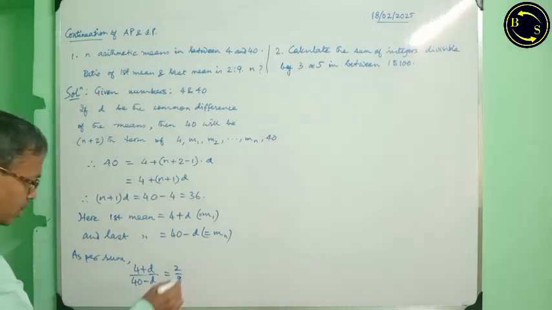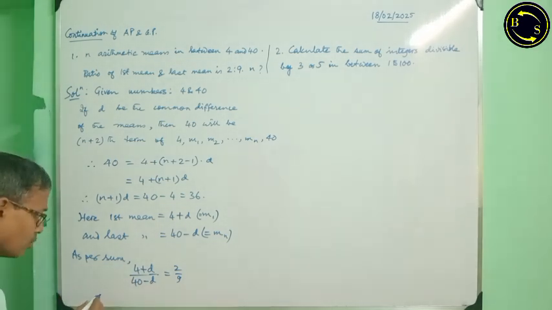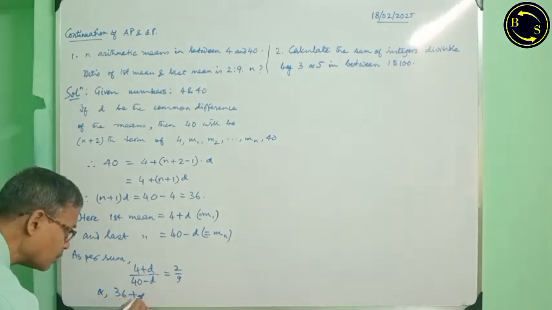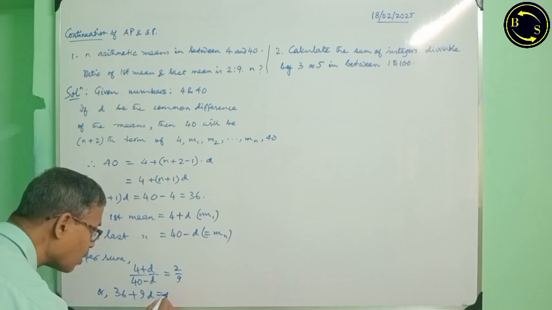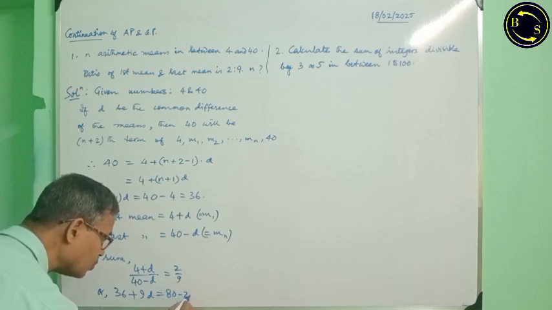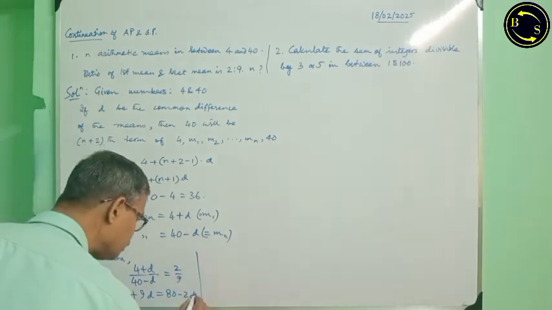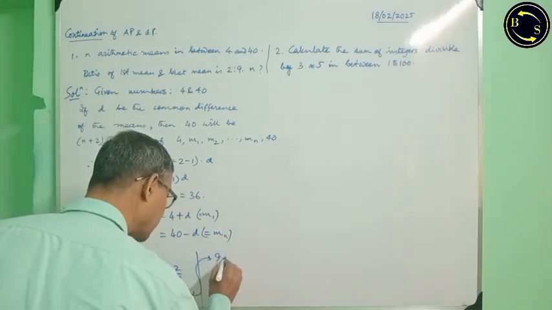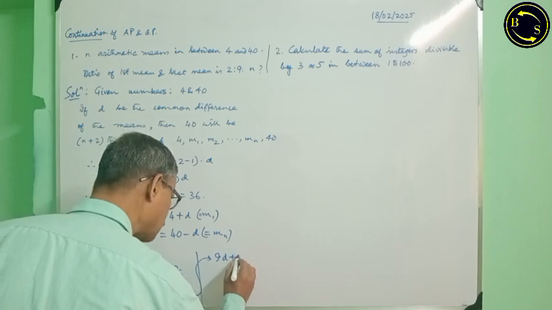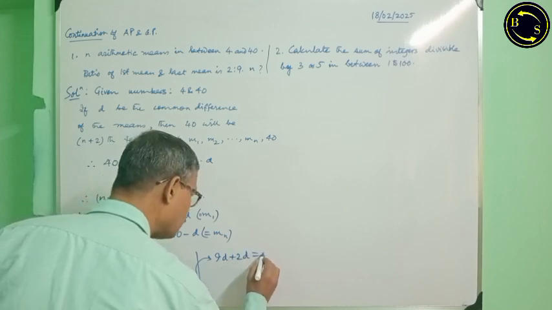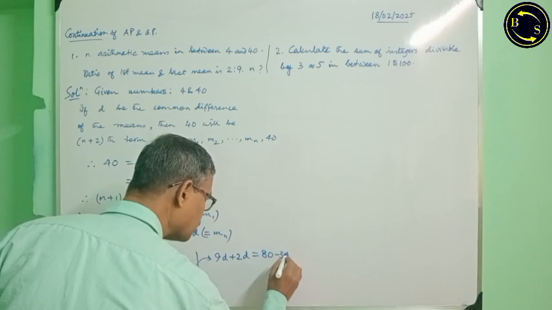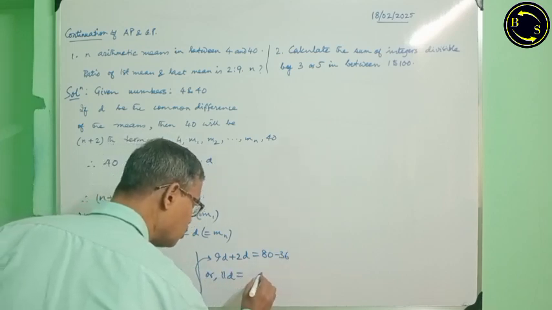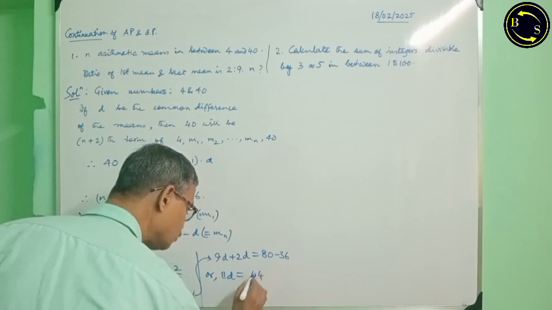Now this equation involves only the unknown d. We solve: 36 plus 9d is equal to 80 minus 2d. 9d plus 2d is equal to 80 minus 36, or 11d is equal to 44.